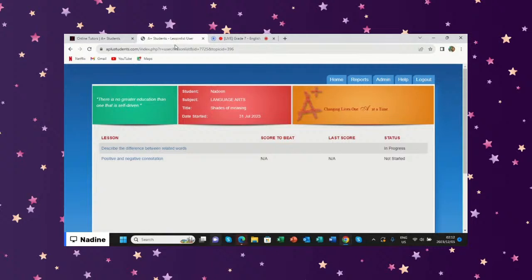And under the chapter of shades of meaning, we're going to be doing the lessons of to describe the difference between related words, as well as positive and negative connotations.